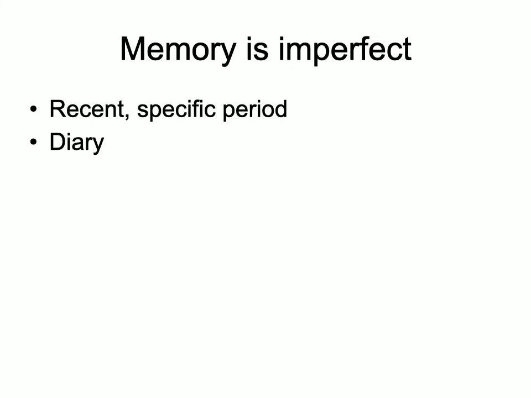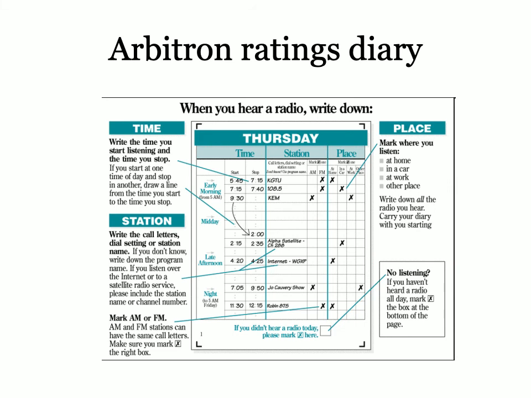Another way to do it, if accuracy is really important, and this tends not to be used in class very much, but I have had students do this, is to ask the respondent to complete a diary. And so the radio ratings send a little diary book, like a little passport-looking kind of book, and ask the respondents to carry it with them for a week and to fill in the specific time and the specific station that they started and stopped listening to the radio.